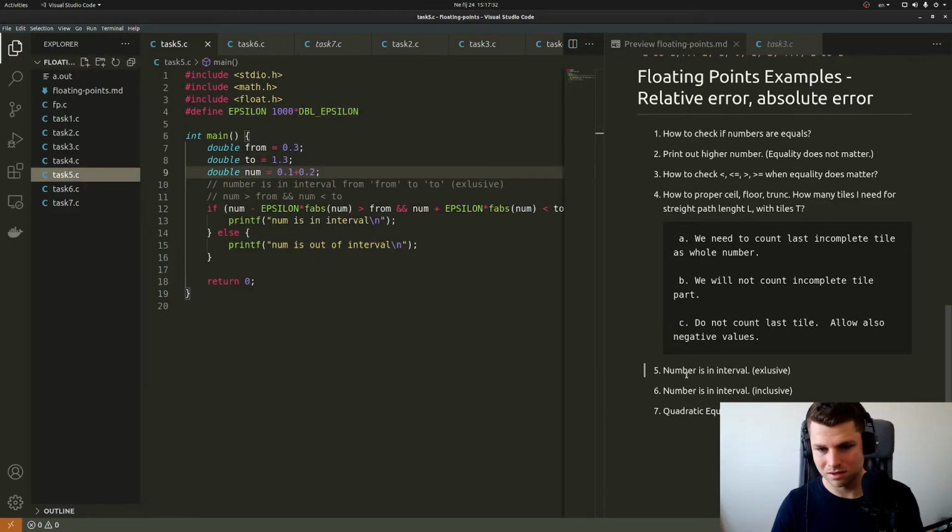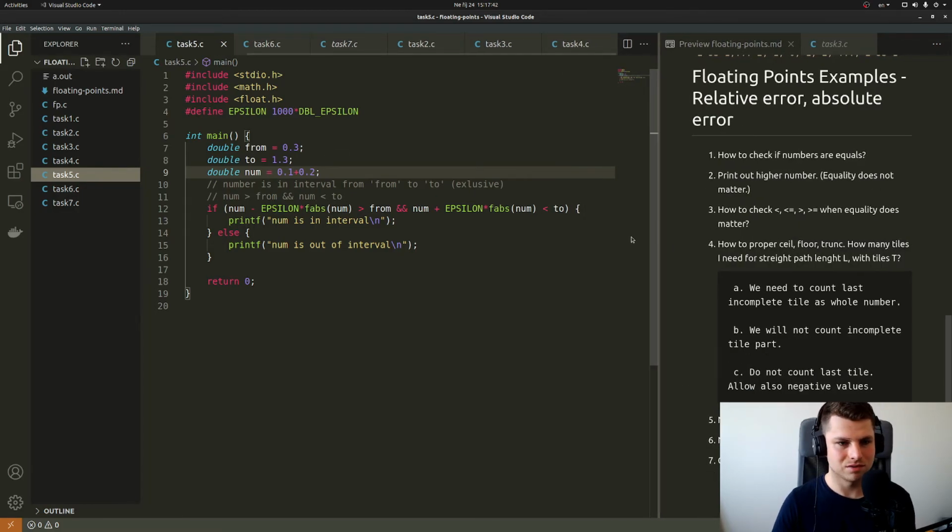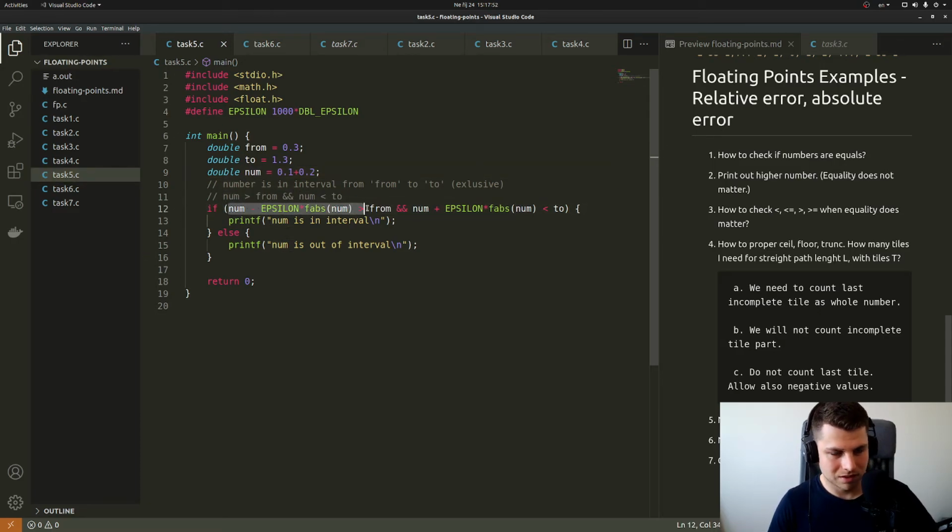The next task is number is in interval, and here we want to make an exclusive interval, which means that the boundaries of the interval are not considered as being in the interval. So we can do it like this.